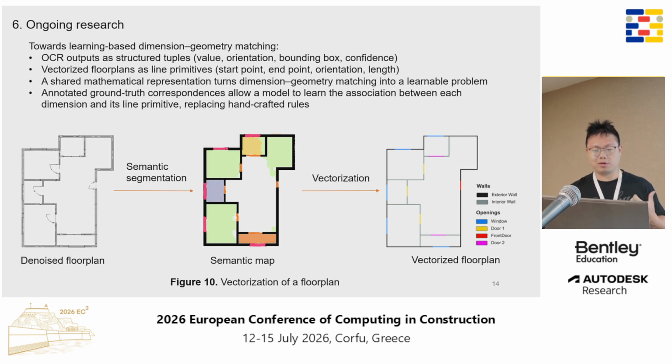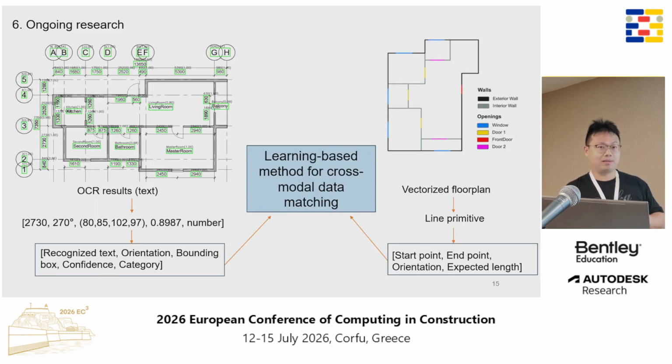We vectorize the semantic map, so the floor plan becomes a set of line primitives, and a line primitive is just math: the start point, end point, and magnitude. The OCR is already in a structured format too: the value, orientation, and bounding box. Once both sides become mathematical representations, it can become a learnable question.